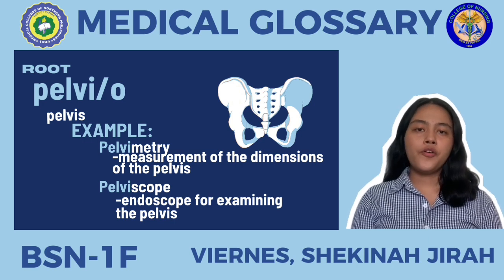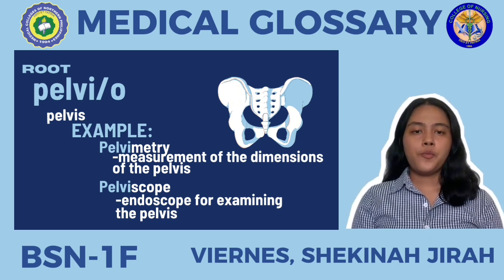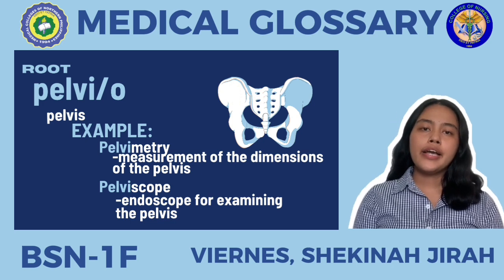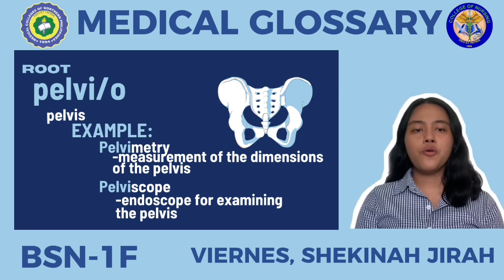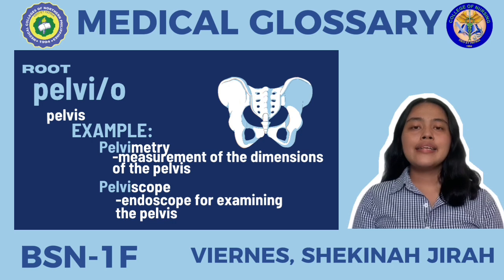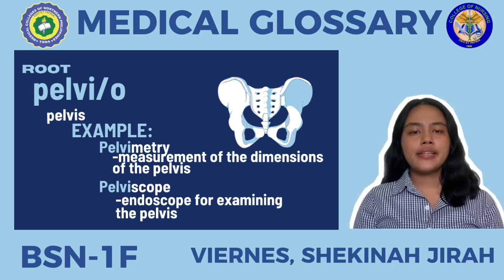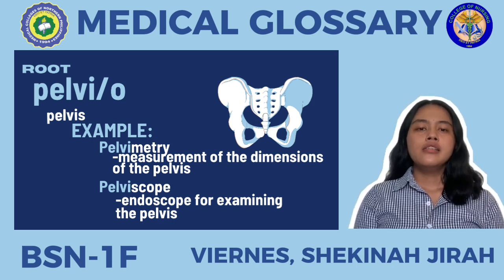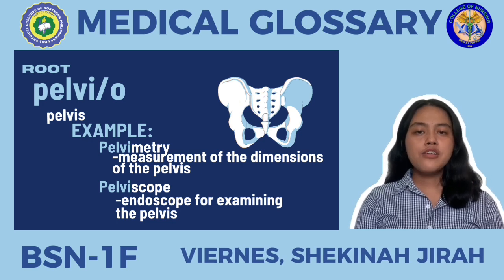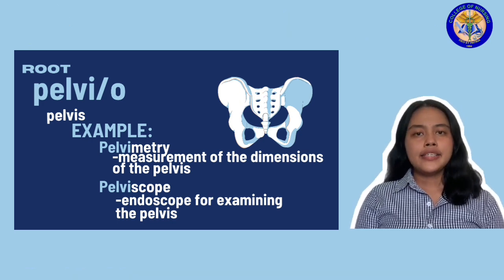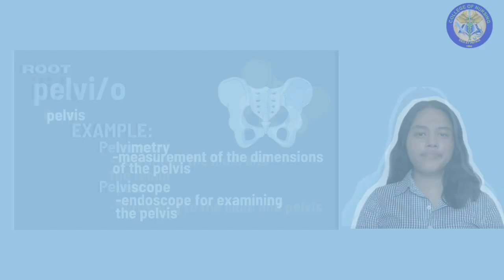Another example for this is pelviscope, where pelvi is a combining form while the suffix scope refers to an instrument for inspecting or viewing. Therefore, it is an endoscope for examining the pelvis.